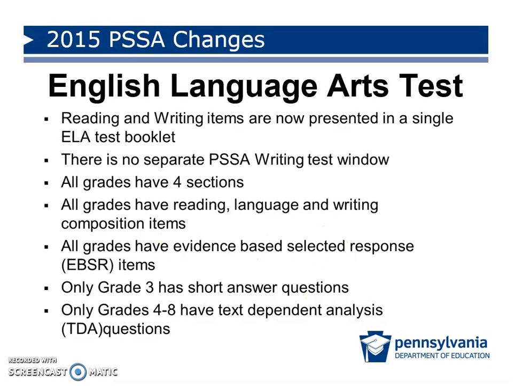So all the grades have this question that they call the evidence-based selective response, where there's typically a part 1 and a part 2. It might ask, based on your reading, which statement best supports the theme of the passage. And then the second part will say, based on your answer in part 1, which 2 details support that theme.